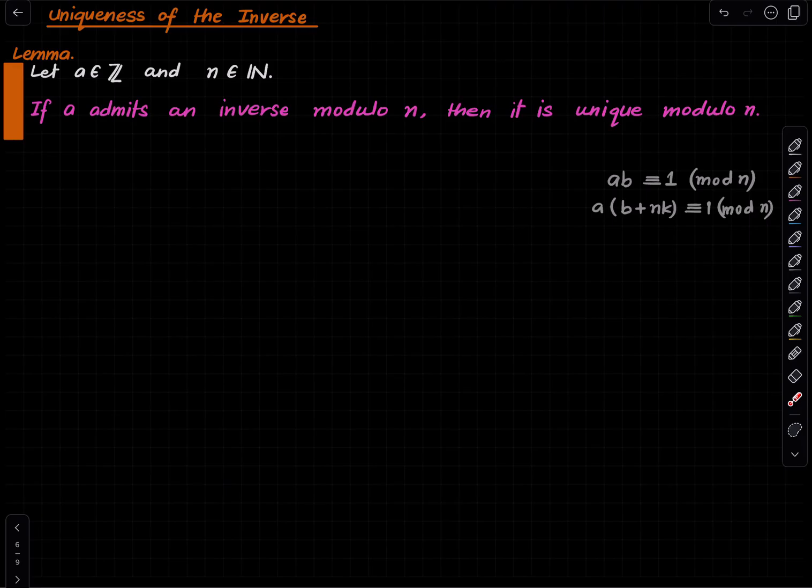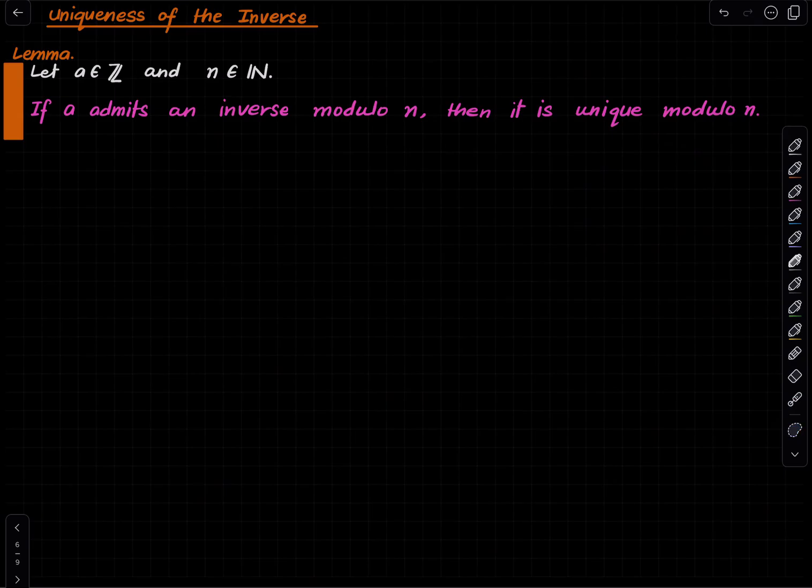So what we are trying to say is, if A has an inverse modulo n, then it is unique modulo n, meaning if you have two inverses, suppose B and B prime are two inverses. So let me write down the precise statement, what I mean by unique modulo n.